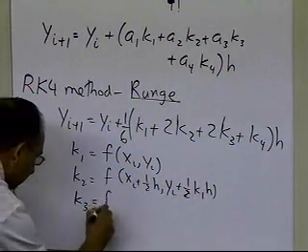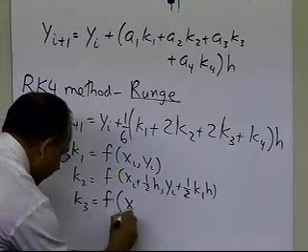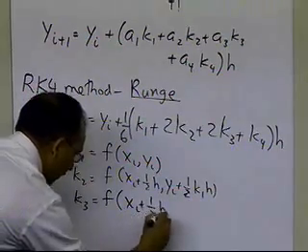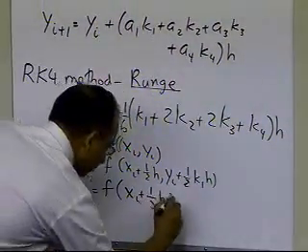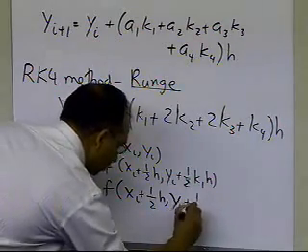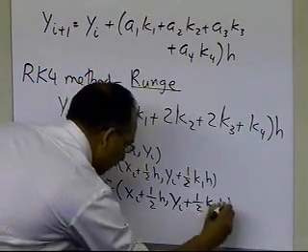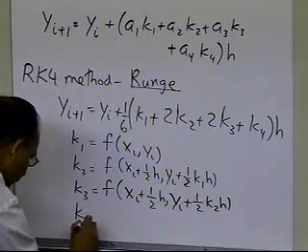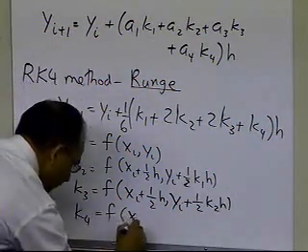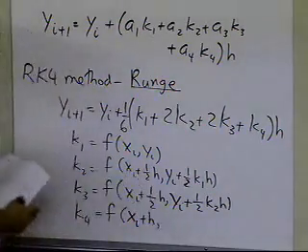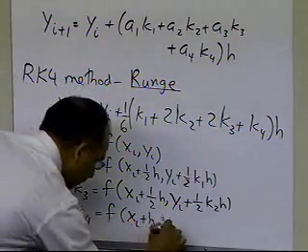K3 is the value of the function at x sub i plus 1/2 h, so it's halfway between the point where you are and the point where you are going, and y sub i plus 1/2 K2 h. And K4, the last value in the formula, is calculated at x sub i plus h, the point where we want to be, with y sub i plus K3 h.